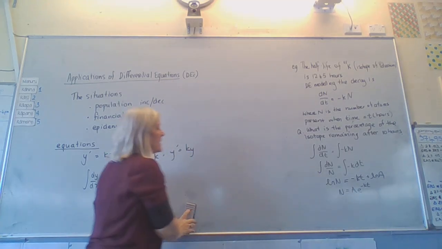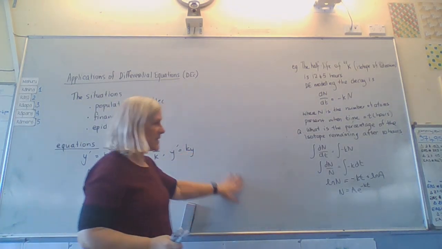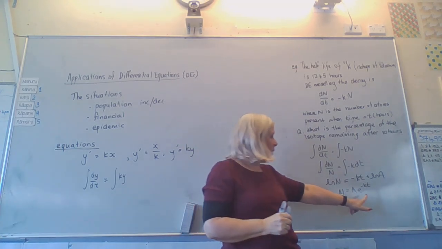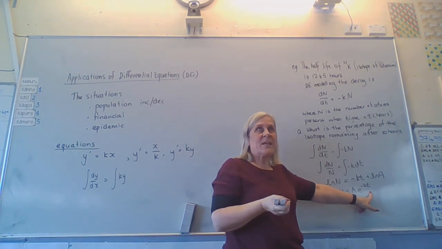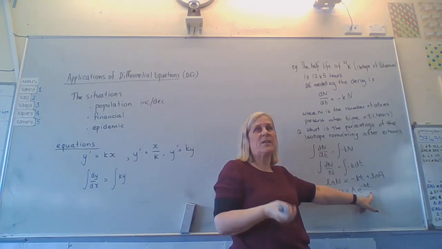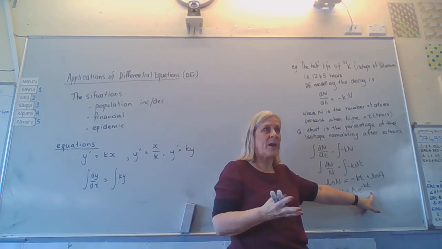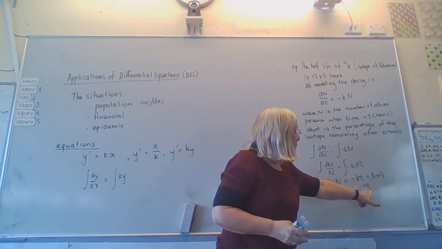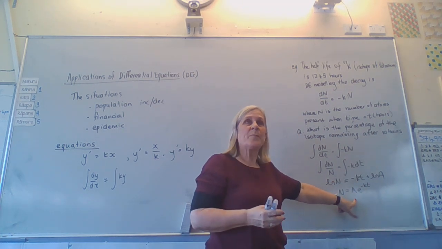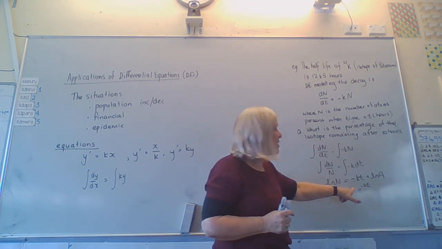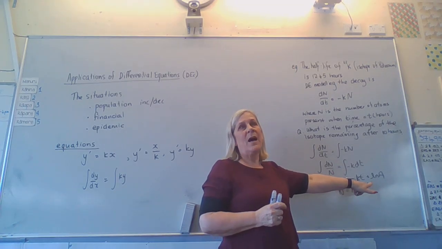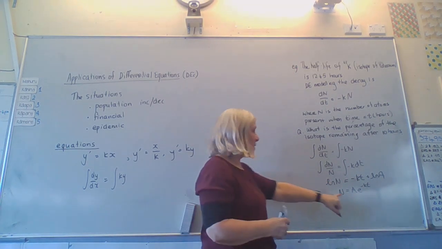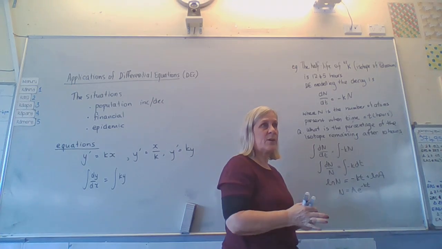Well, one of the reasons that we want to do this business of making this A is because when t equals 0, or the starting point of whatever we're talking about, so the initial value of it, when we put a 0 into here, A is going to be the initial value because this is going to be e to the power of 0. E to the power of 0 is 1. So this is our starting value, okay?